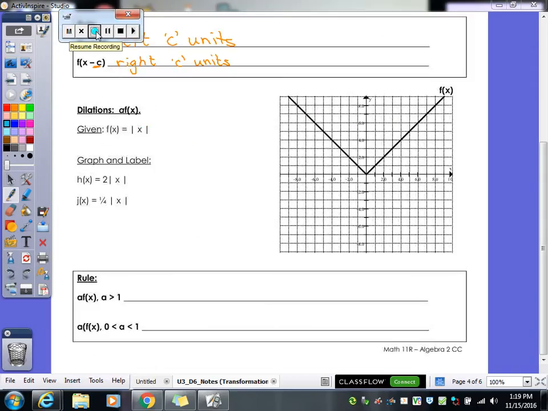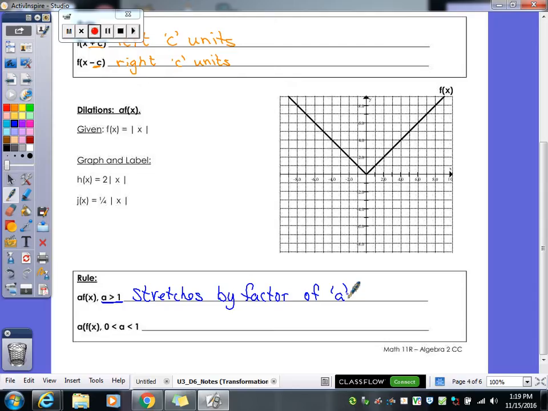So going on to our dilations. If you multiply your function times a number greater than 1, so if you multiply it times like 2, 4, 5, any number, that stretches your graph by a factor of a. So this time we're using the letter a.